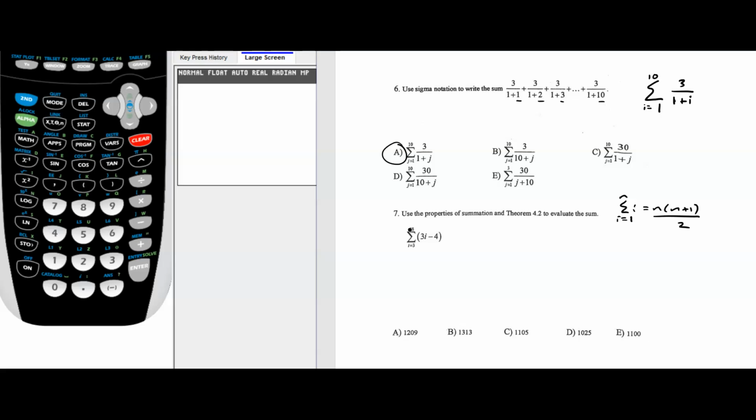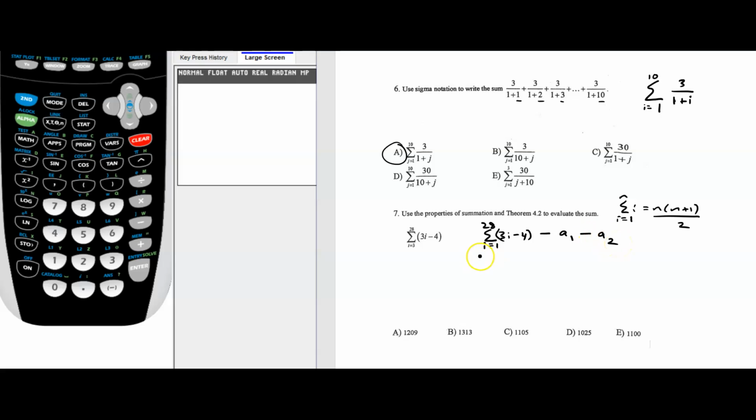What I recommend for a question like this is to work with it as if i was going from 1 to 28, and then subtract off what would essentially be the first term, which is what you would get by plugging 1 in for i, and then also subtract off the second term.